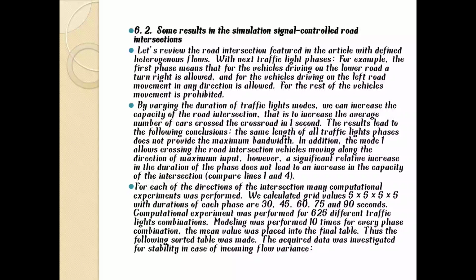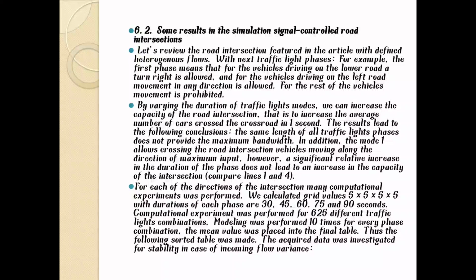In addition, mode 1 allows crossing the intersection to vehicles moving along the direction of maximum input. However, a significant relative increase in the duration of the phase does not lead to an increase in the capacity of the intersection. Compare lines 1 and 4.